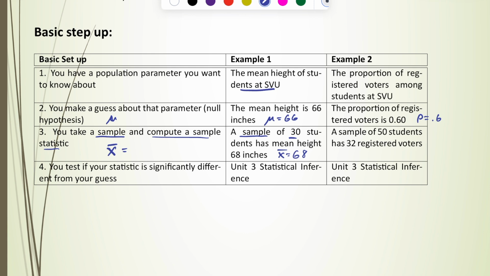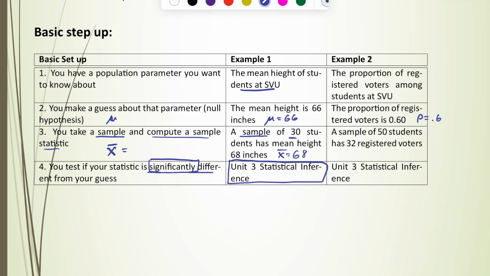Making that determination is step 4. Test if your statistic is significant. Significant is a very loaded word. It's a big word there, conceptually speaking. Is it significantly different from your guess? That's what we're going to be able to do in Unit 3.